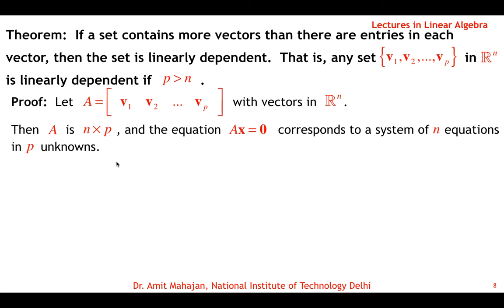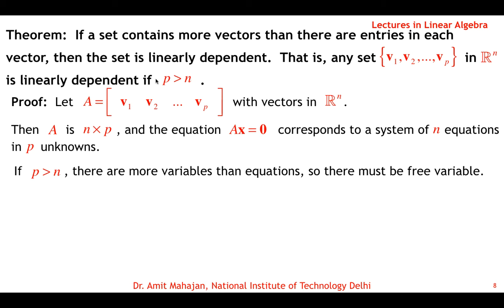Now if p is greater than n, if the number of unknowns is greater than the number of equations, that means there are more variables than equations, so there must be a free variable if you reduce it to an equivalent form.